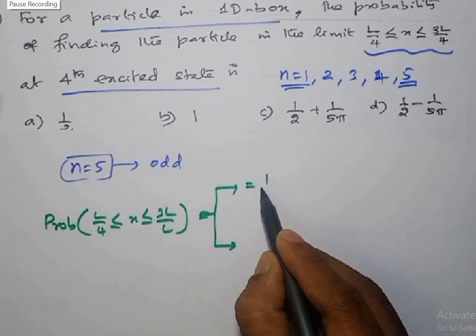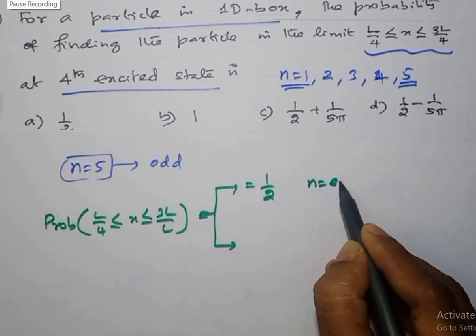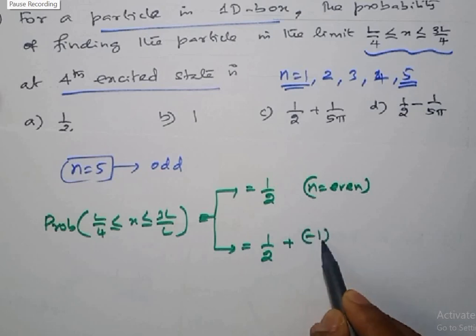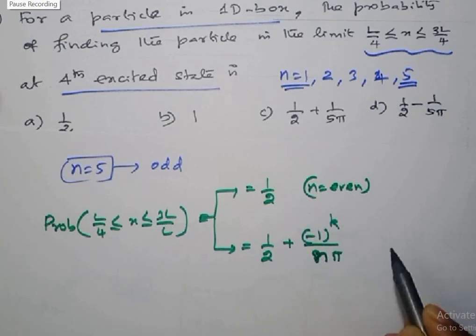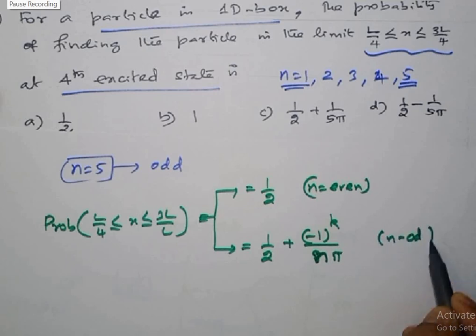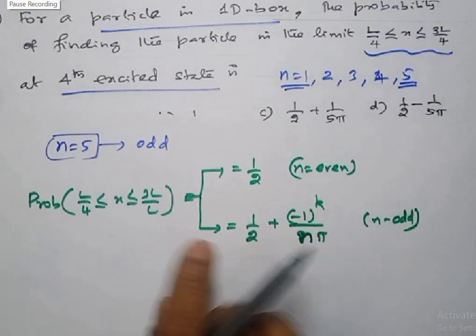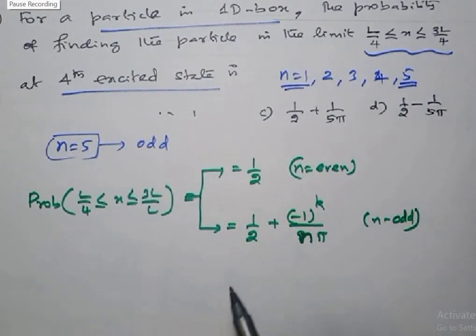Probability equals 1 by 2 if n is an even number. Probability equals 1 by 2 plus or minus (minus 1) power k by n pi if n is an odd number. In our case n is an odd number, so you must use this formula.